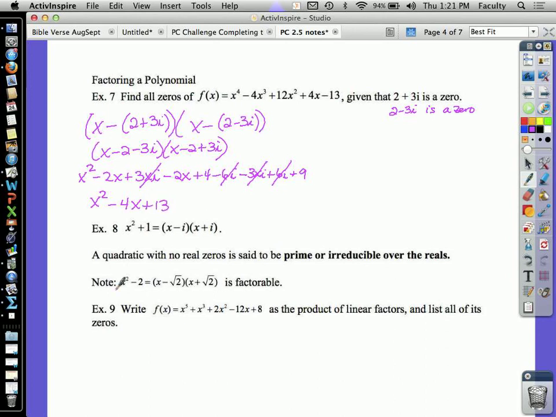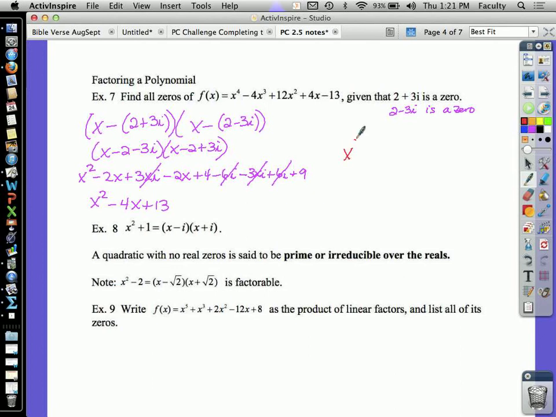Okay, so now let's make a connection to what we did earlier, is that if you have a 0, you have a factor. You can divide by that factor, typically with synthetic division, if you're doing a linear factor at a time. This time, though, I have a quadratic.